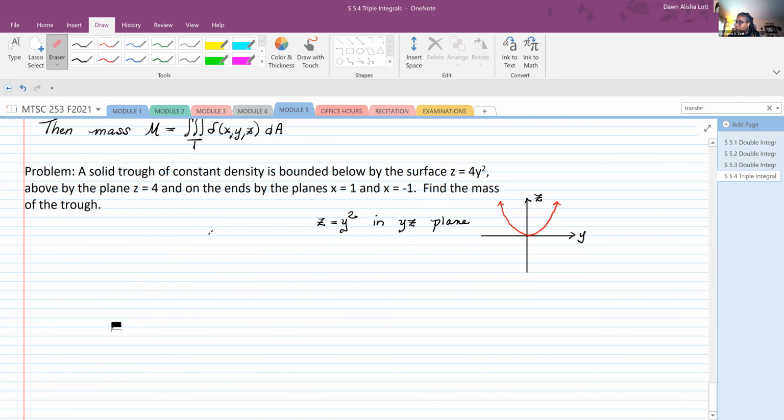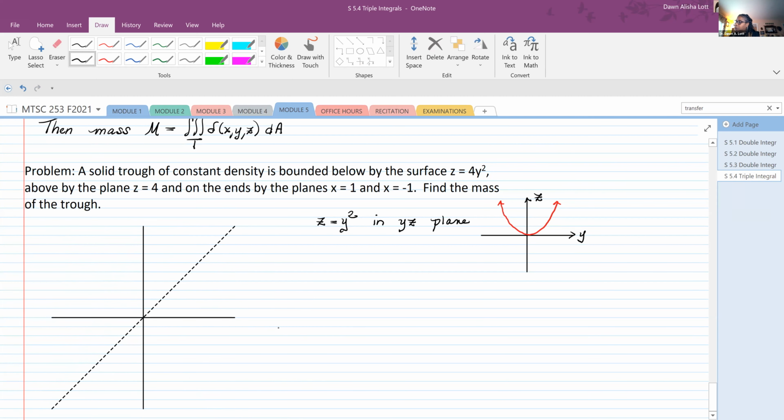Let's try it one more time. That was wrong. This is the ZY plane. So it should have been like this.